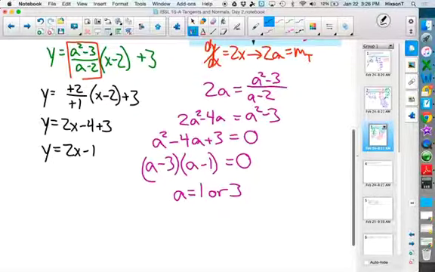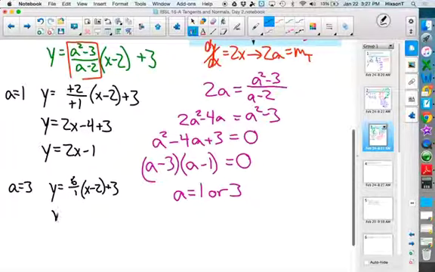So that's for A equal to 1. But then if I let A equal 3, I get y equals 9 minus 3, which is 6, over 3 minus 2, which is 1, times (x minus 2) plus 3.